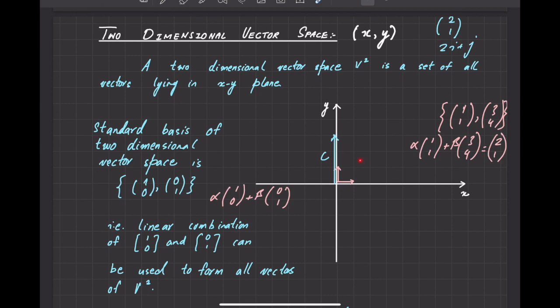It's a two-dimensional vector space, and hence it should have two vectors as the basis vectors in the spanning set. So you can get any vector with a linear combination of 1, 0, and 0, 1. For example, to make the vector 2, 1, you take alpha as 2 and beta as 1. Any two-dimensional vector can be formed with a linear combination of these two vectors. So this is a standard basis.